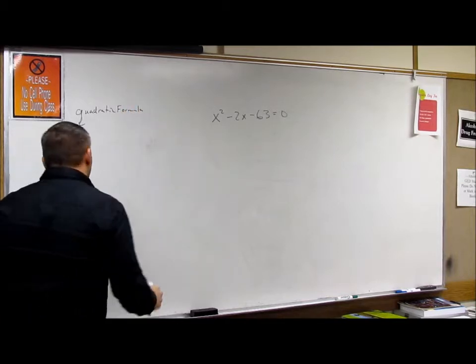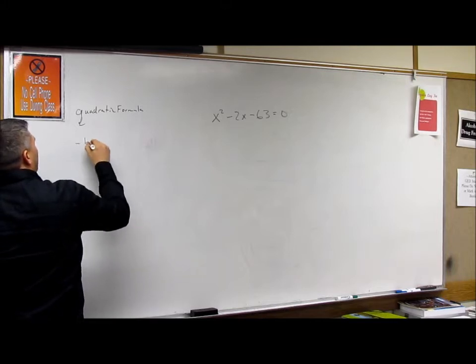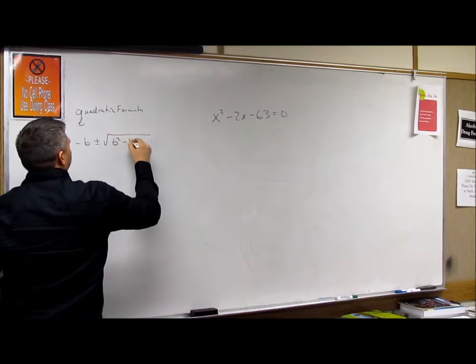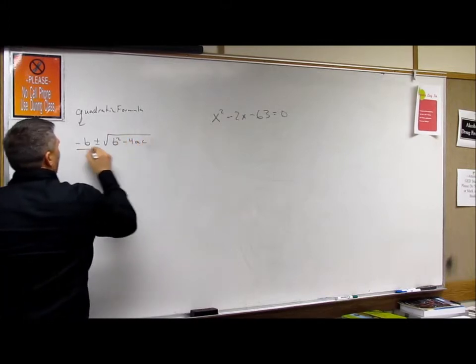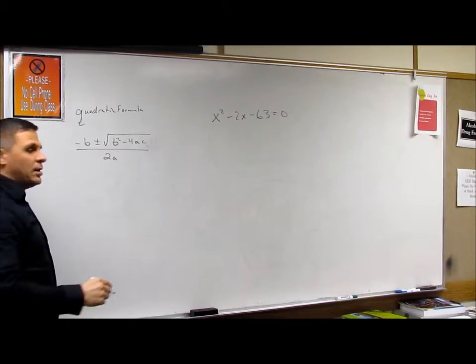Okay? And this quadratic formula is negative b plus or minus the square root of b squared minus 4ac all over 2a. Okay?